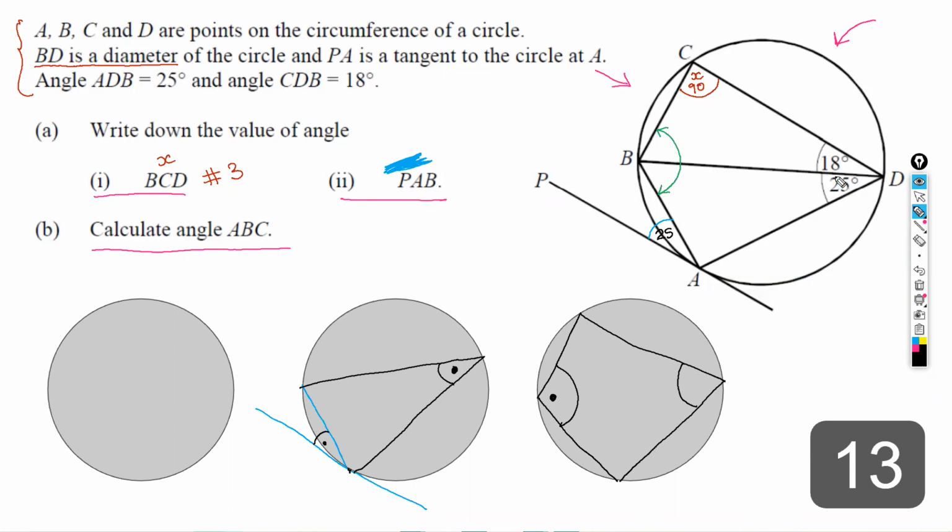You can add the 18 and 25. If you add these 2, you will get this angle. So add the 18 and the 25. 18 plus 25 is 43. So how much again do we need to make 180? 43 plus what will give us 180? Right, Anya, correct. Right, Christian, correct. 137.